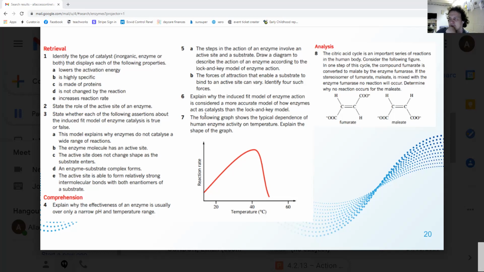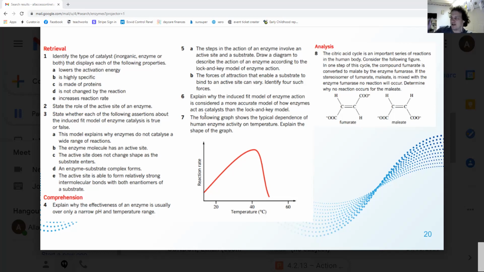That would be the lock and key model. In both of these, an enzyme substrate complex will form, and the active site is able to form relatively strong bonds with all of the isomers. That's only in the induced fit model.